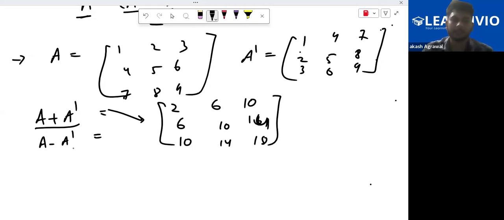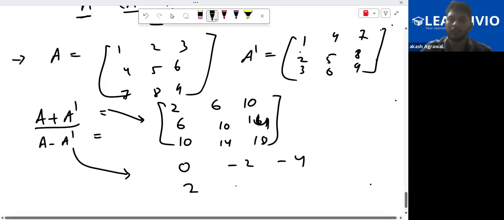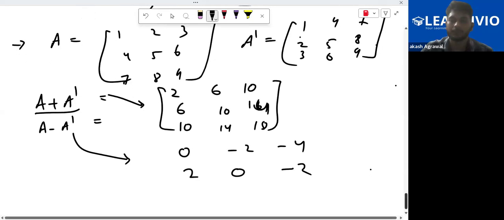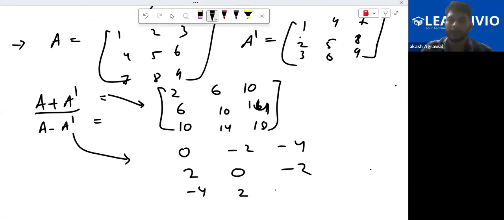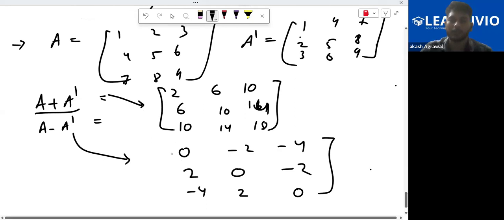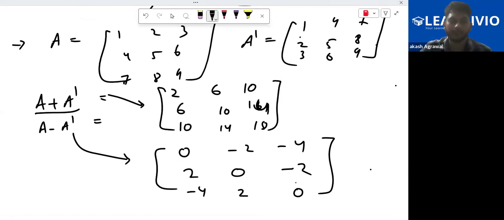And if you subtract them, what you'll get is 0 and minus 2 and minus 4. This is 2, 0 and minus 2, minus 4, then minus 2 and 0. So here also you can clearly see that this is a skew symmetric matrix, right?